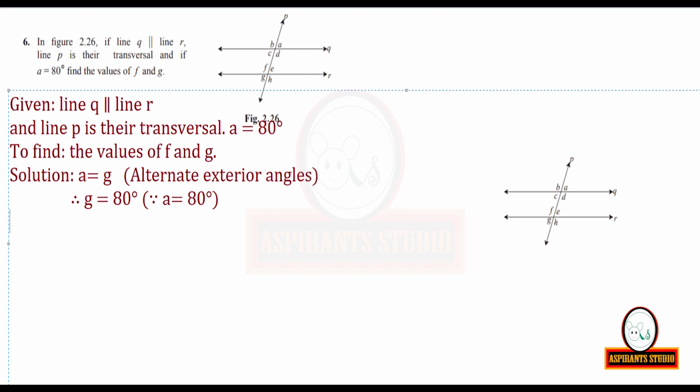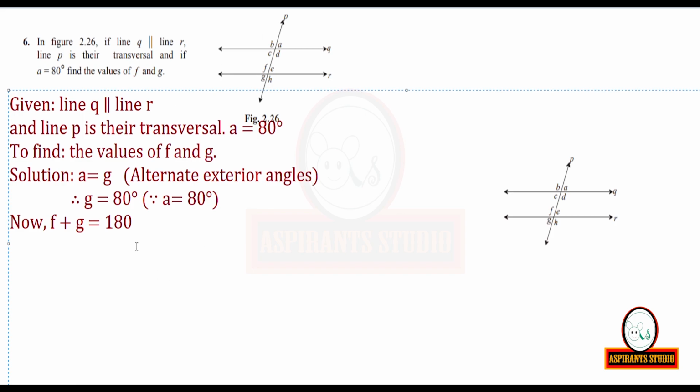Now look at the figure. You can find out F and G are angles in a linear pair. They are angles in the same straight line. Now F plus G is equal to 180 degrees. Write the reason by the side.